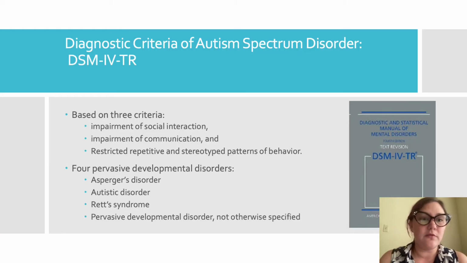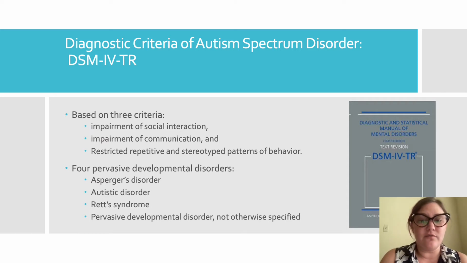So, like I said before, social workers are commonly taught the DSM, and the current edition is the DSM-5, but it's important to note the previous edition because there were a lot of changes with the diagnostic criteria for autism spectrum disorder.